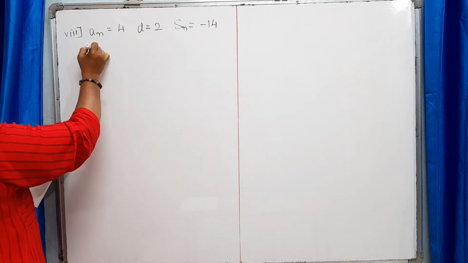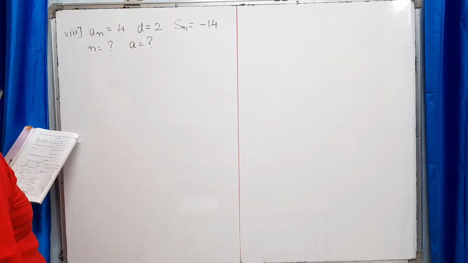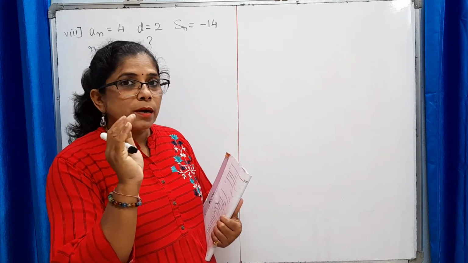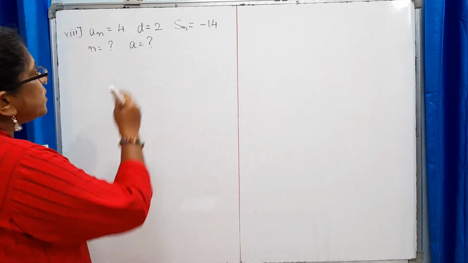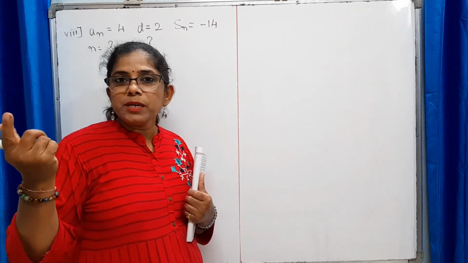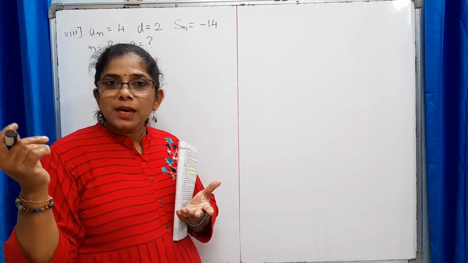And here we have to find what is n and a. Now here in this 8th sum, we will have to go a little bit another way. Because if we use our Sn formula, Sn is n upon 2 into the bracket 2a plus n minus 1 into d, we don't know a. We don't even know what is n.